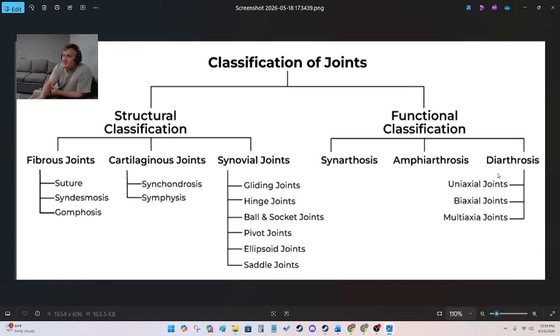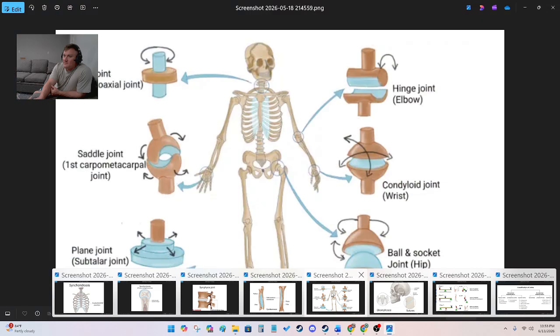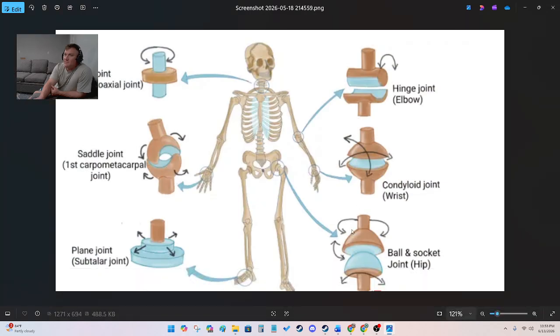But these diarthrosis synovial joints, you have axial, biaxial, and multi-axial joints. Now, I'm going to go over some of those real quick. We have a pivot joint, which is atlantoaxial, so the atlas and axis, where you say no, that is a pivot joint.